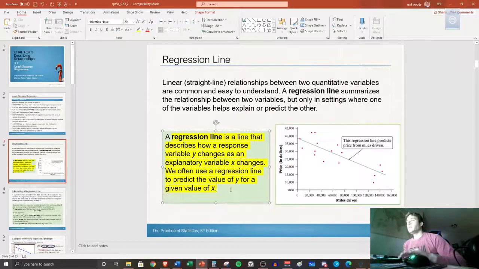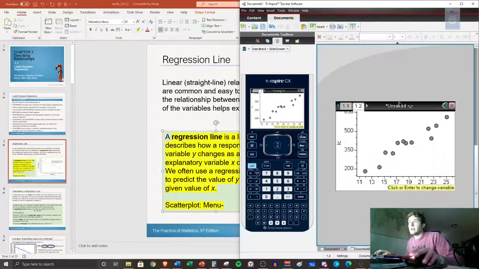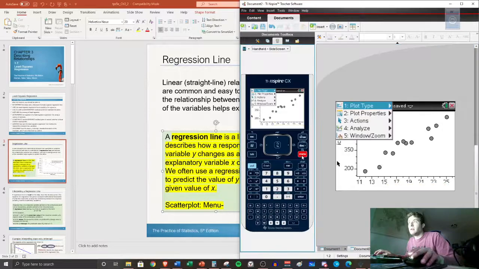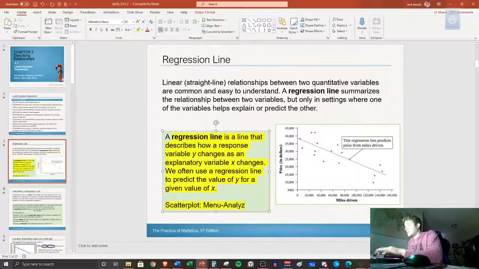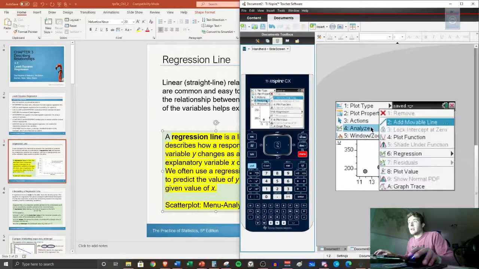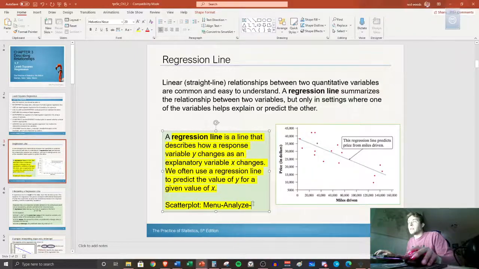Okay, so to create it on your calculator, you have to be on the scatter plot. Press menu. So let's go to our scatter plot here. Everybody should be on this menu. Then you're going to click analyze, then you're going to see pretty quickly regression. And we have to show which one we want. There's a lot of different types.